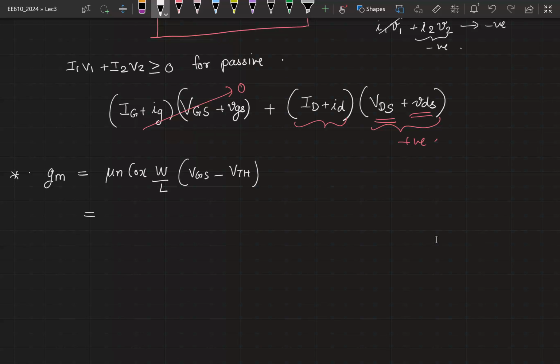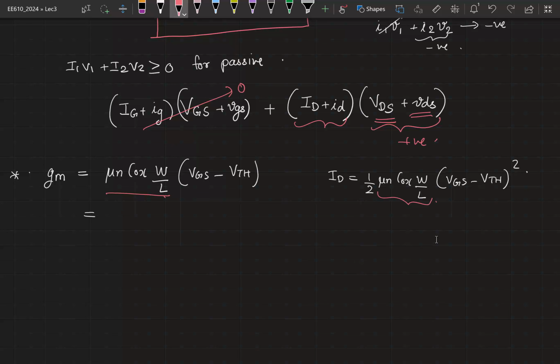Can you replace this mu n COX W by L based on the current equation? So you have mu n COX W by L here. You also have the same factor here.